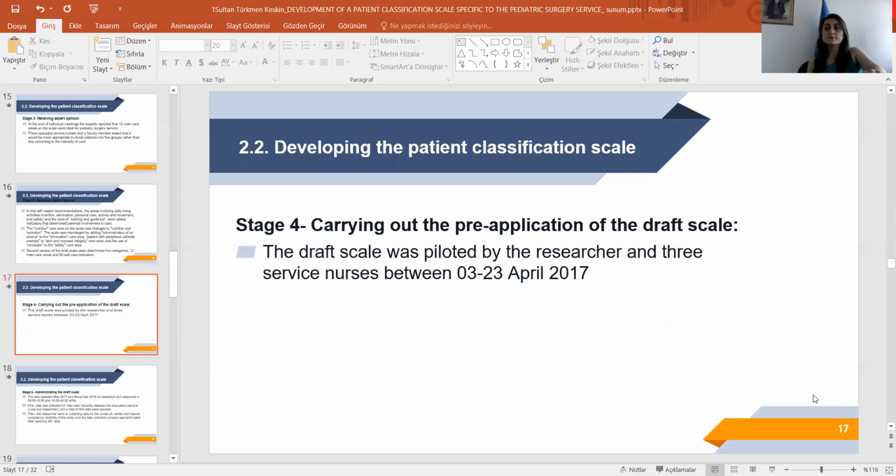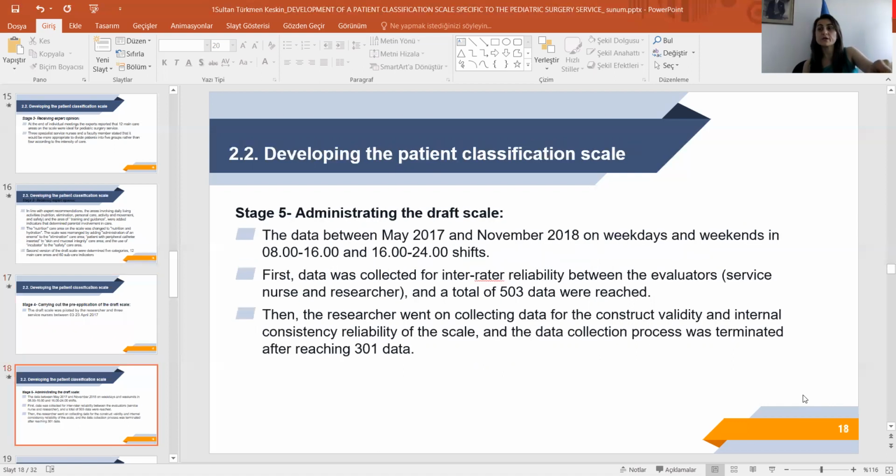The draft scale was applied by the researcher and 3 service nurses between 3 and 23 April 2017. It is very important to create a valid institution-specific patient classification scale approved by the service nurses.